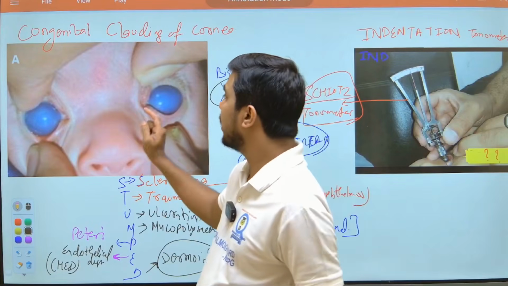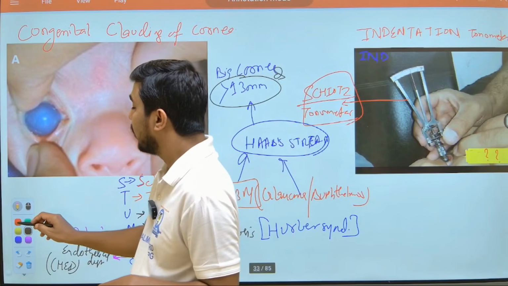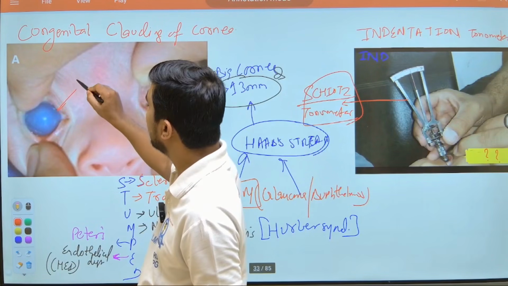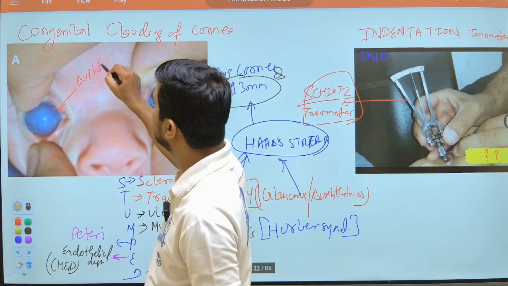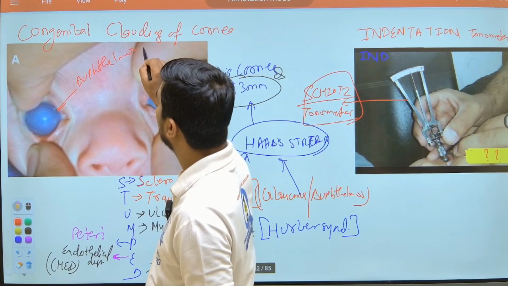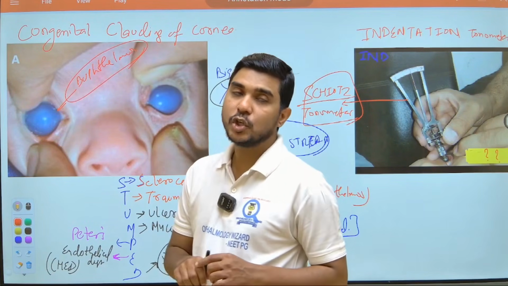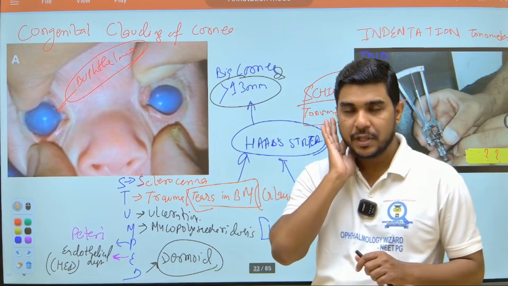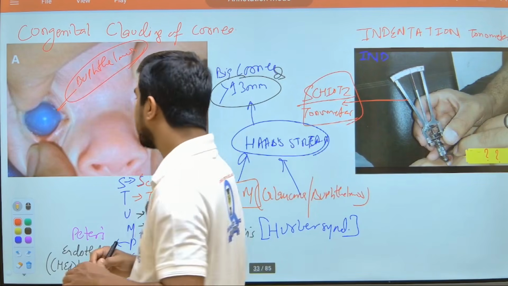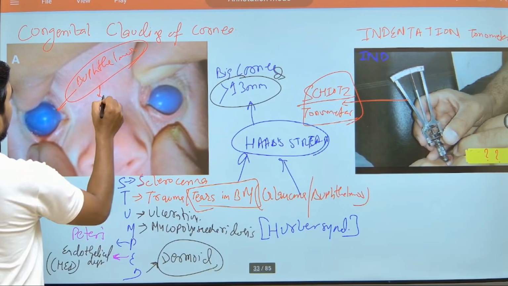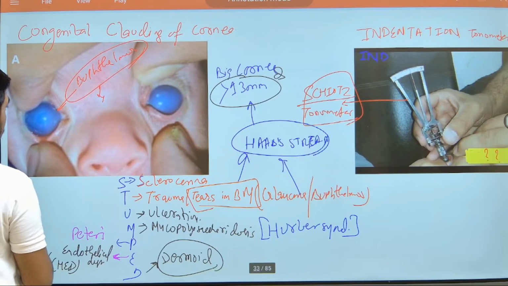In this particular image, as you can see, there is a big cornea. So it is buphthalmos. Okay. And also you need to remember BPL. B for buphthalmos.